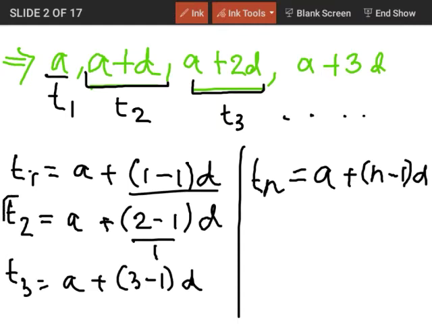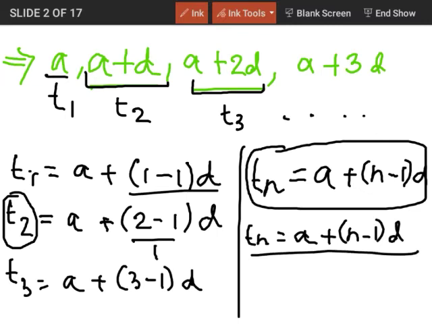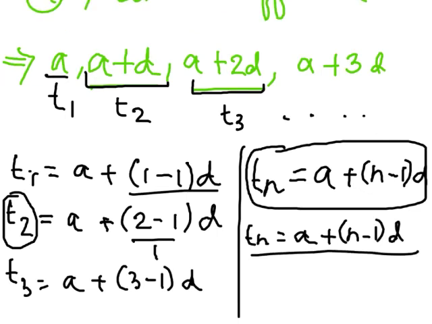Similarly, for the second term, subtract 1 from 2 and multiply it with d and add to the first term. Like this we have seen a pattern, and we have now come across the general term of an AP, that is, the nth term of an AP, Tn is equal to a plus (n minus 1) into d. This is the general term of an AP.